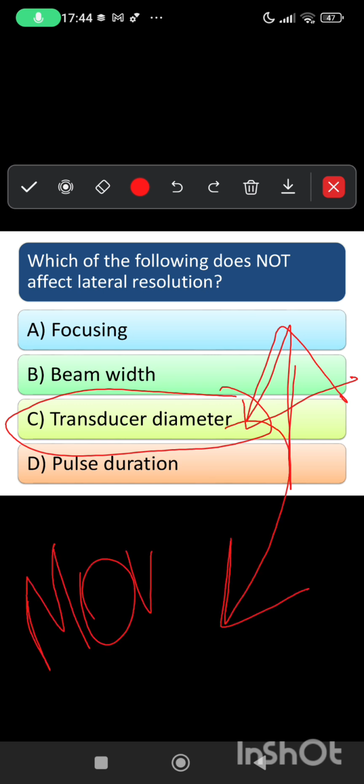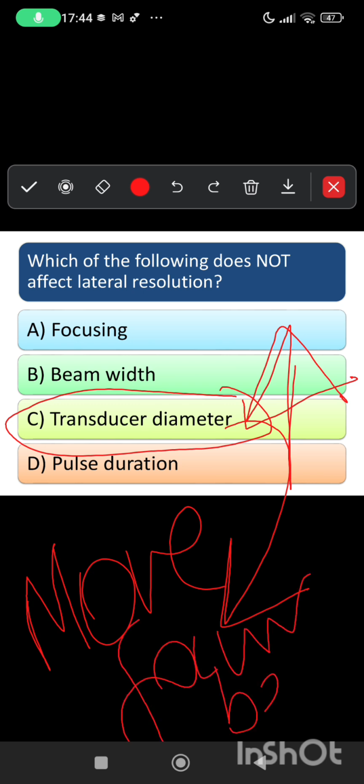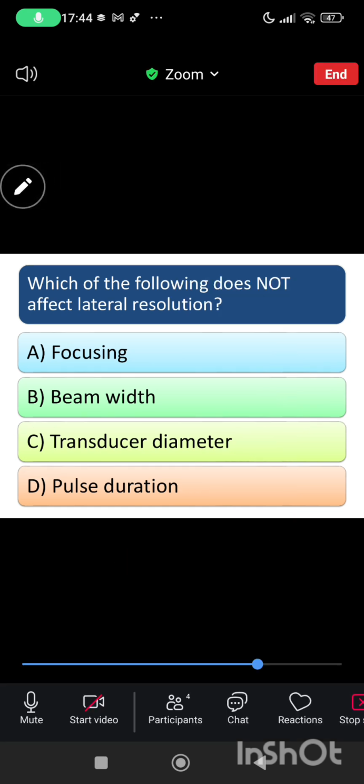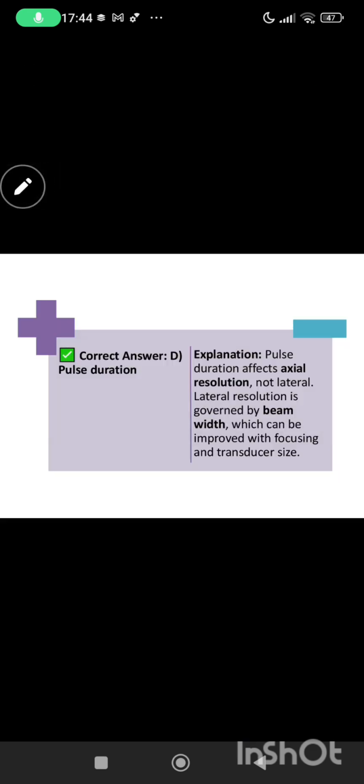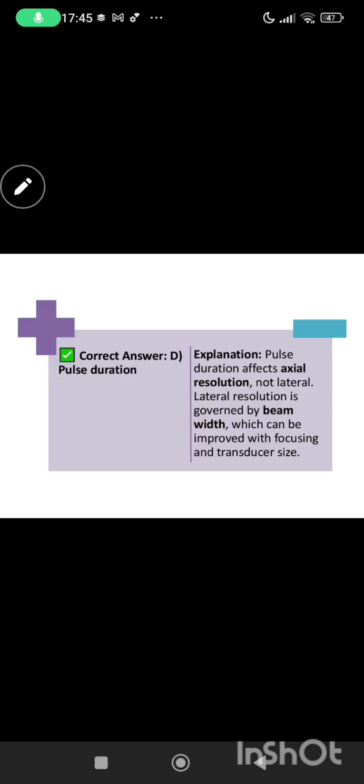Beam width becomes narrow, a more focused beam. So it also improves lateral resolution. But pulse duration has no effect. So pulse duration affects axial resolution, not lateral. Lateral resolution is governed by beam width, which can be improved with focusing and transducer size.